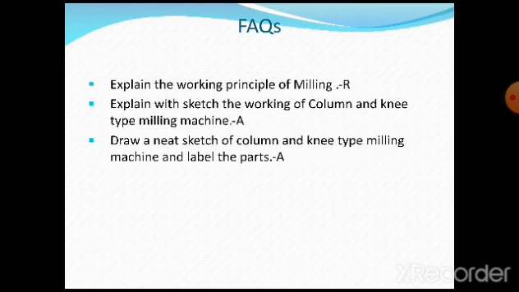Like that you have to write in one sentence each to understand how the milling operation is carried out on a column and knee type milling machine.